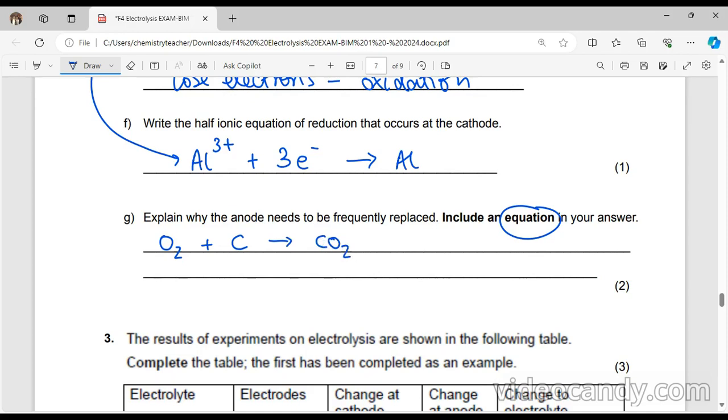So there's our equation, and then for the second mark we need to explain the electrodes. We can say disintegrates, or another phrase would be breaks down. Anything that gets the idea that the electrode starts to wither away and becomes smaller and smaller until you can't use it anymore.